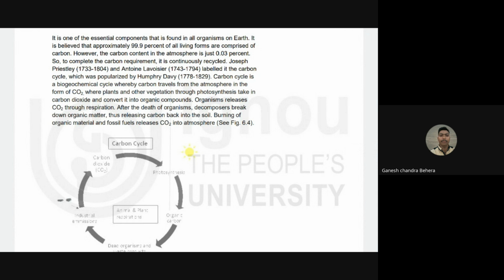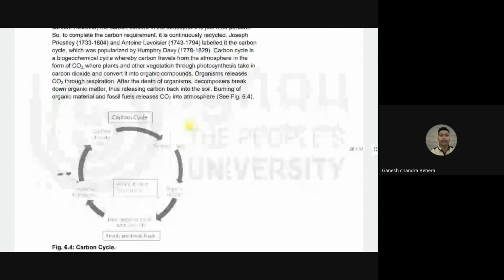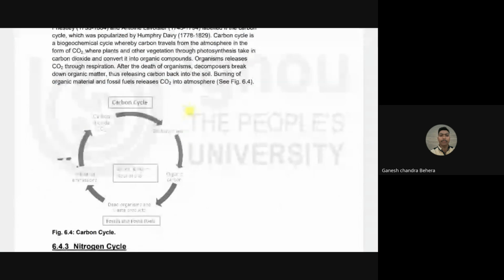Yes or no? So it becomes organic carbon, and when some species die, what will happen? The carbon will be released. Let's say you are burning fossil fuels, and all the fossil fuels are created through this process only.